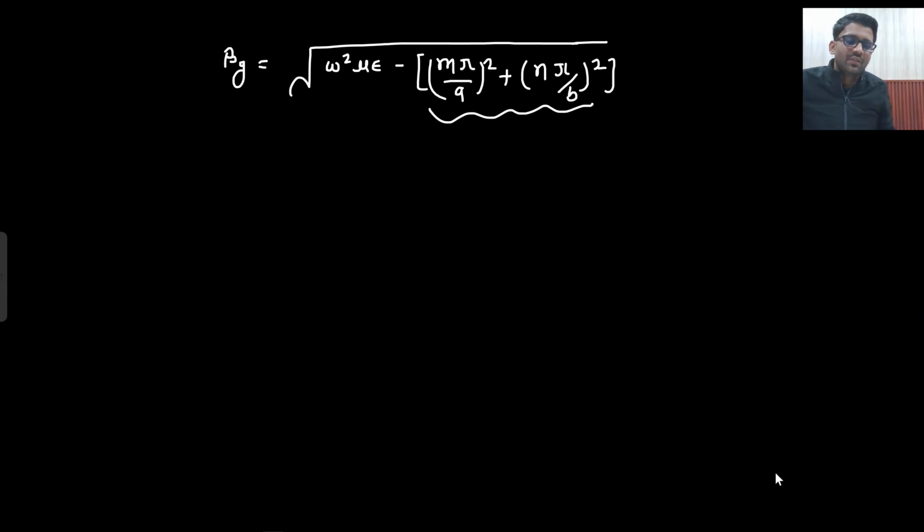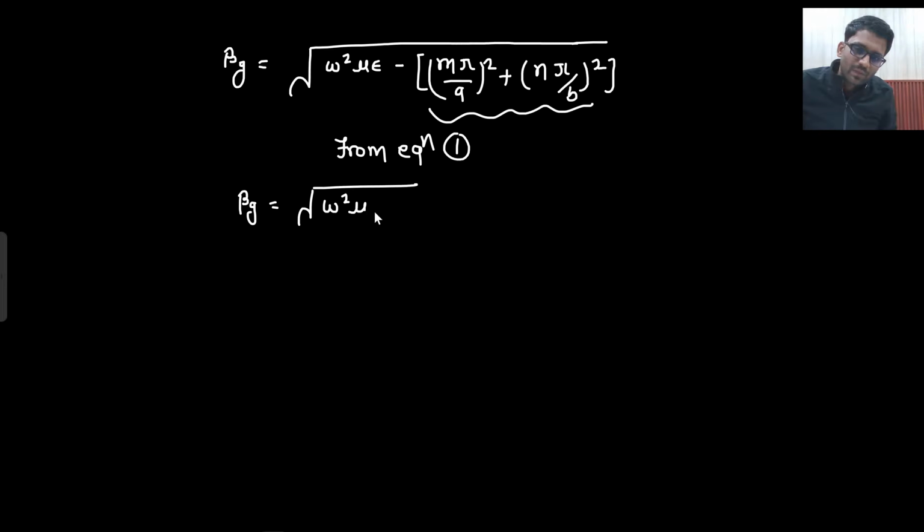So from equation 1, beta g is equal to omega square mu epsilon minus omega c square mu epsilon. Right? So what can I take common? I am taking omega square mu epsilon as common.